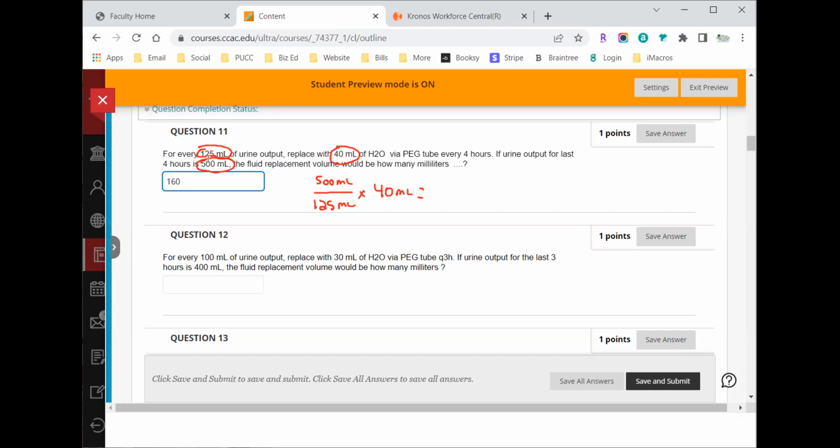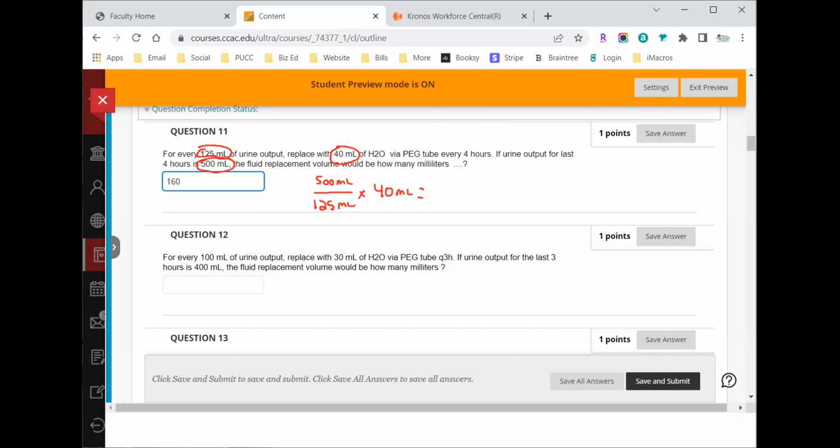The big number over the small number is not always the case. Put what they actually voided over the for-every number, times the replacement volume. This does work with dimensional analysis. The problem is explaining dimensional analysis with all these milliliters. I actually do ratio proportion for a problem like this, but just letting you know.